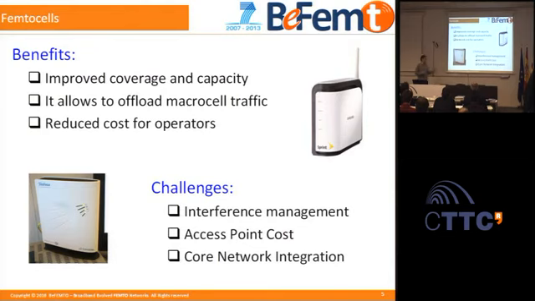If there are several femtocells in one building, they can also suffer interference between femtocells. So the interference management has to face the problem of macrocell and femtocell interference, and also interference between femtocells. Another challenge to be faced is the cost of these kinds of devices.